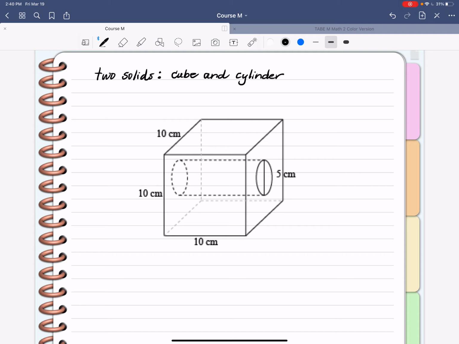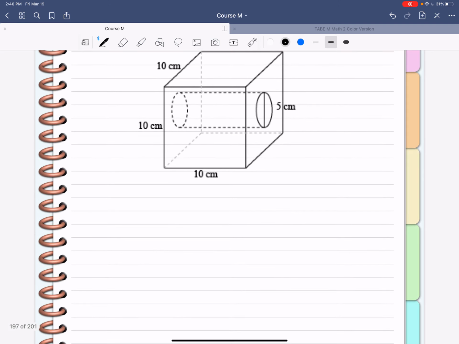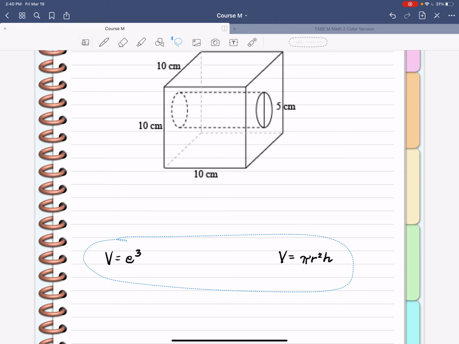So I need the volume formula for both of those. The volume of a cube, the formula is edge to the 3rd power. And the volume of a cylinder is pi r squared h. And I'll tell you what, I'm going to move these down just a little bit.